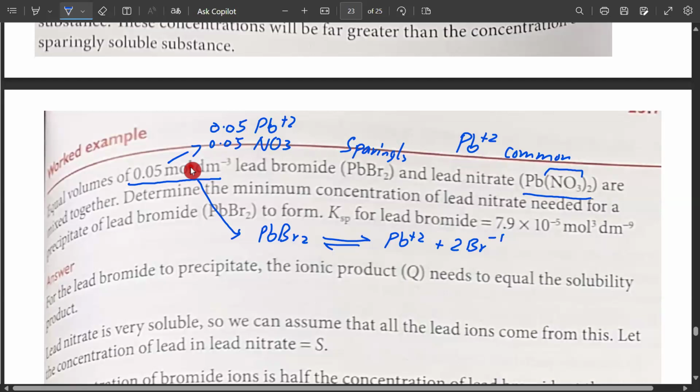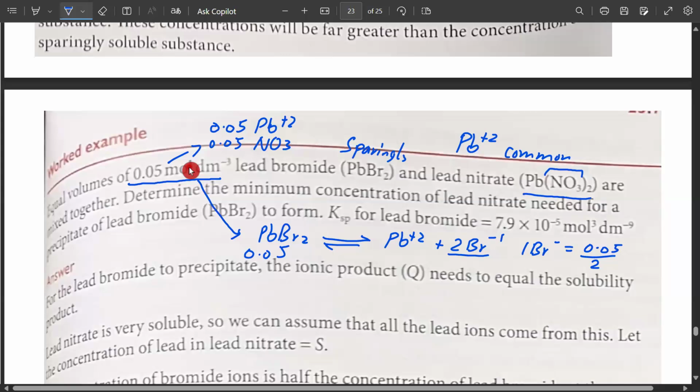Now, if you want to find how much of the bromide ions there is, you should understand that 0.05 mole was there for 2 moles of the bromide ion. That means for 1 mole of the bromide ion, the value will become 0.05 divided by 2. This is the value for the moles of the bromide ion coming from the PbBr2.